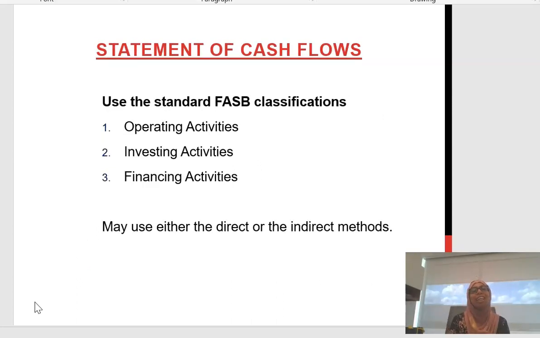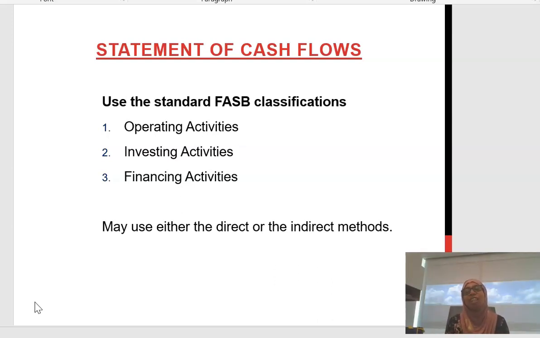You will also see another part of their statements, which is the statement of cash flows, and you will see it's pretty much similar to the statement that for-profit organizations prepare. And FASB also classified changes in cash into 3 categories of activities. These are operating activities, investing activities, and financing activities.